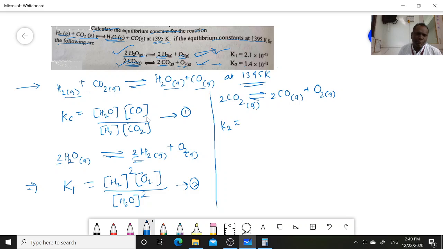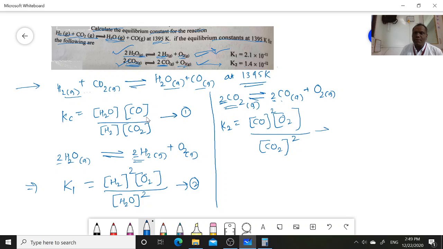As usual, the concentration of product CO raised to the power 2 multiplied by the O2 concentration, divided by the reactant CO2 concentration raised to the power 2.